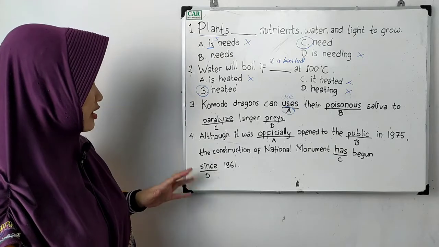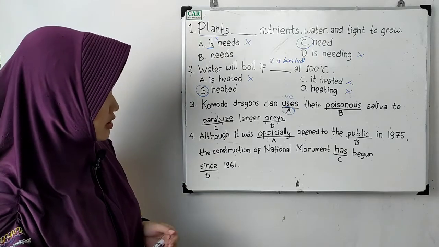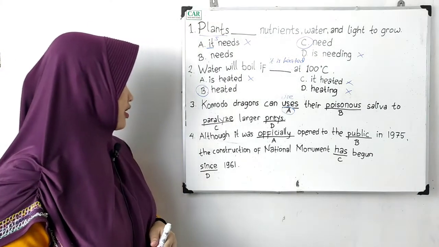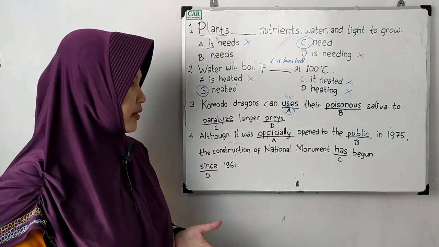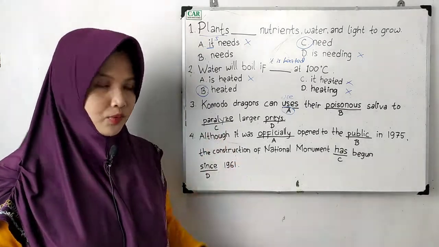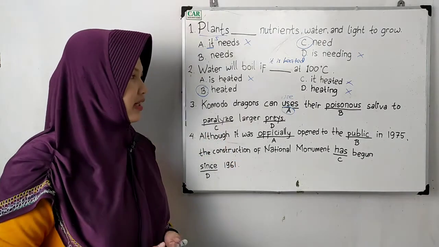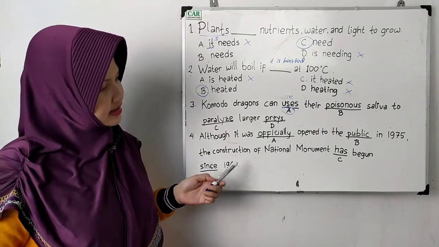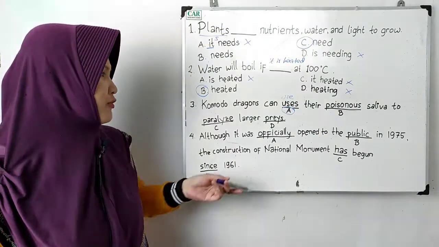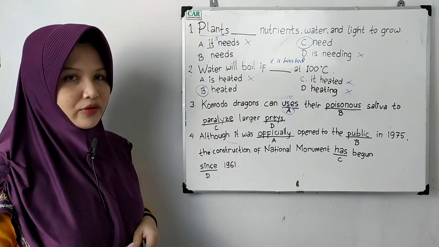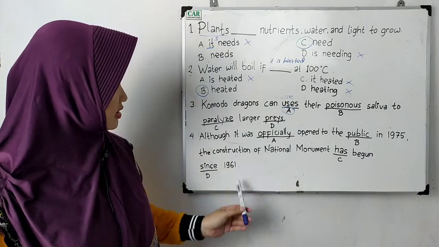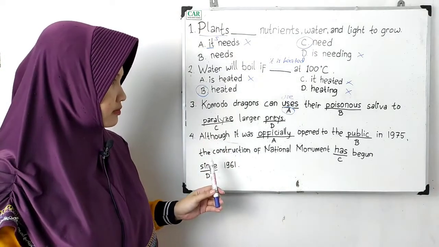Okay, let's move to the last question. Although it was officially opened to the public in 1975, the construction of the National Monument has begun since 1961. Well, at a glance, this sentence is perfect. I mean, nothing is wrong in this sentence. But look at the timeline, the two timelines here, 1975 and 1961.